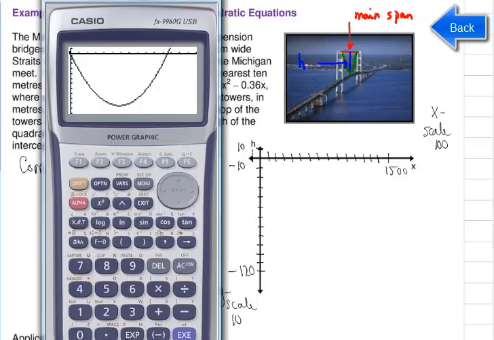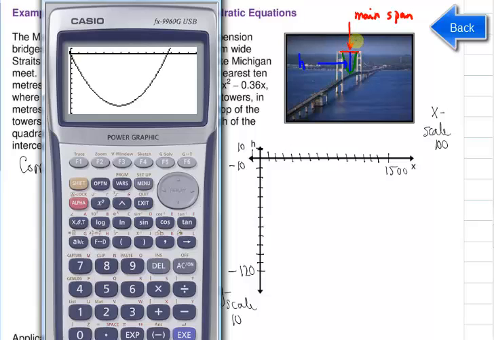If you put these window settings into your graphing calculator, you should get this graph. And if we're going to situate our x-axis along the top of the towers, then where the cables meet this red horizontal line on the diagram are going to be our x-intercepts.